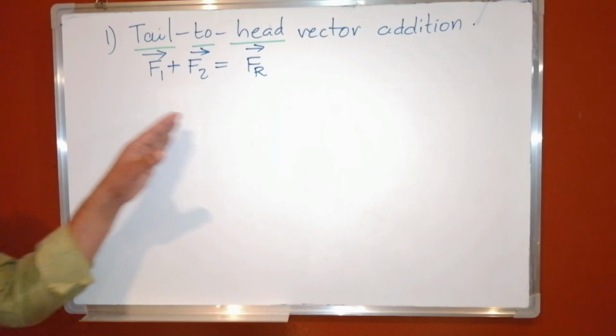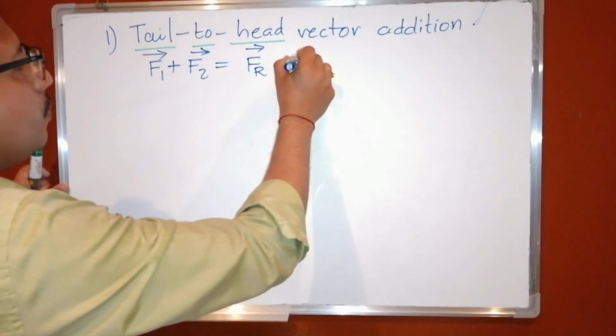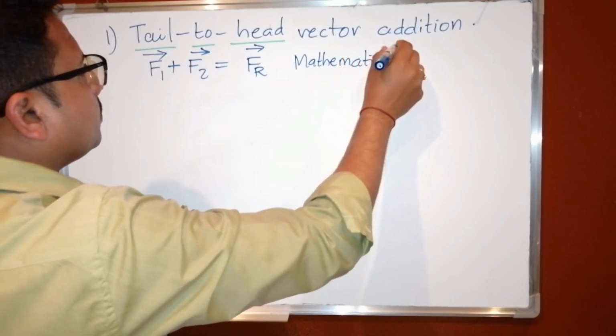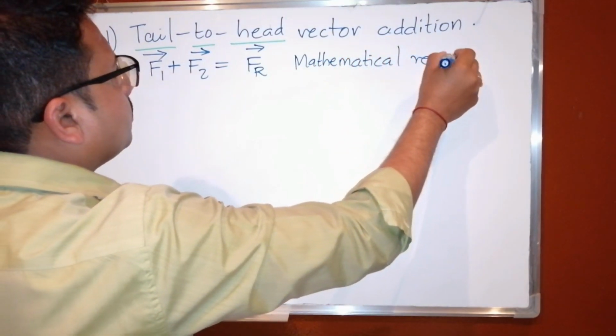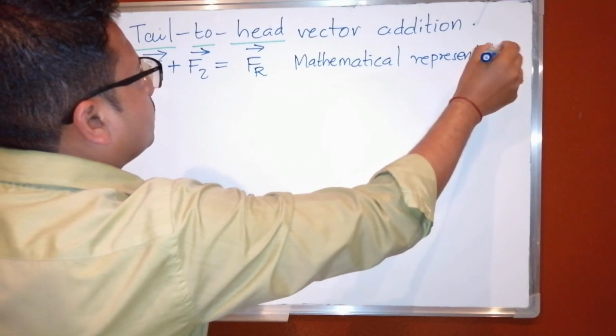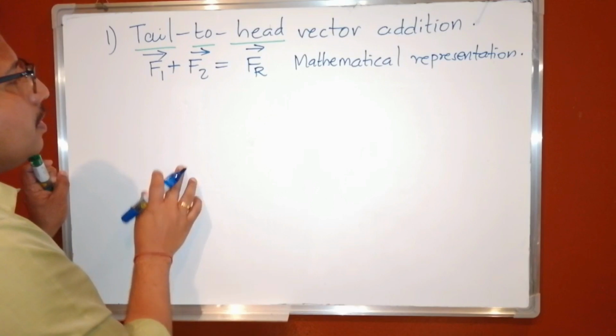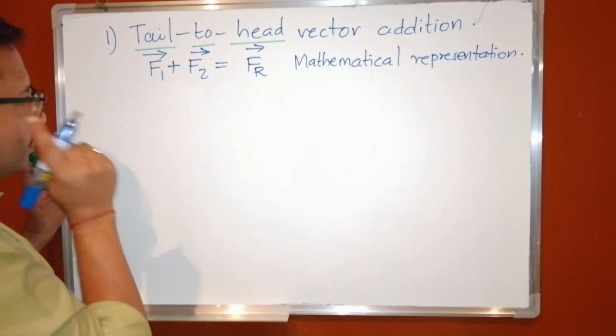This is the mathematical representation of vector addition. So to get the resultant vector, you add the two vectors.